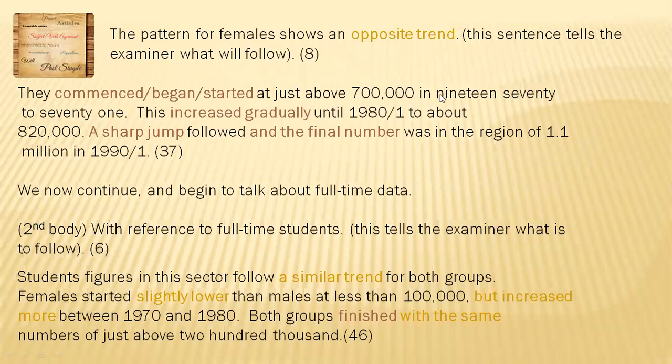So here, instead of writing the numbers, I've written it as words. This just changes it a little bit. This increased gradually to 1980 to about 820,000. A sharp jump followed, and the final number was in the region of 1 million in 1990 to 91.